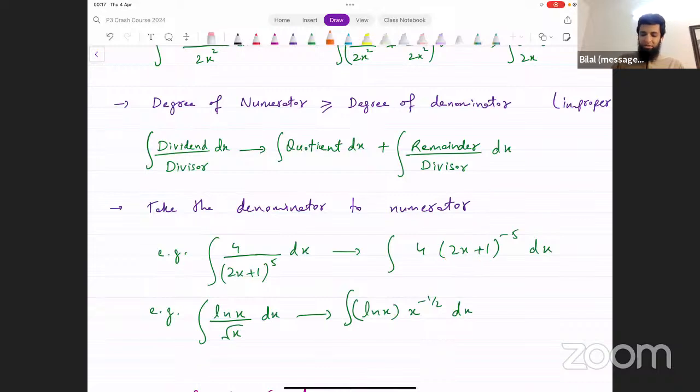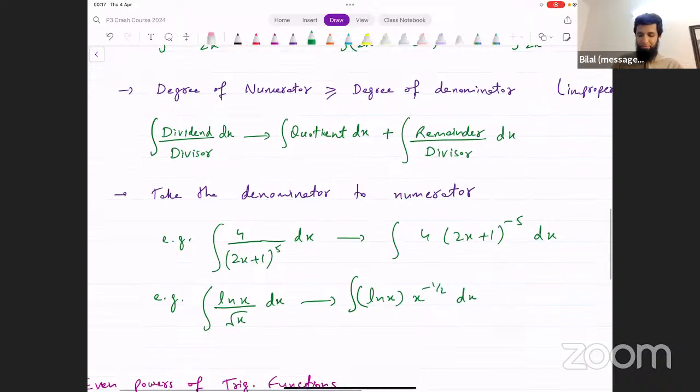If you had something like this, for instance, ln x over under root x, none of the fraction rules work here. In this case as well, you could take the denominator to the numerator, make it a product, and use integration by parts in this. Sometimes you have to do this. None of the fraction rules works. In that case, you just take the denominator to the numerator like this. These are the rules for fractions.